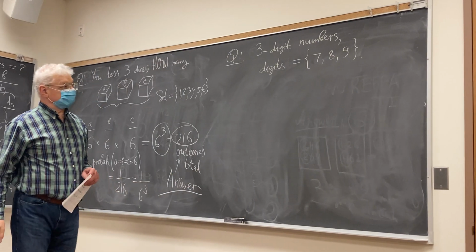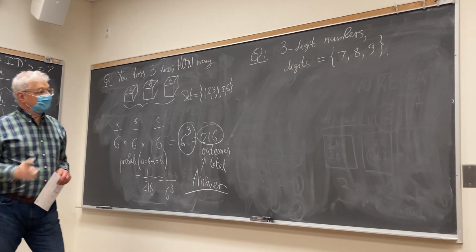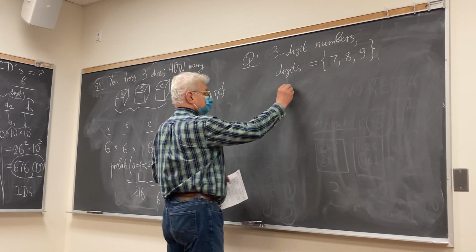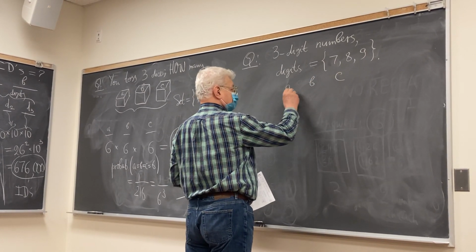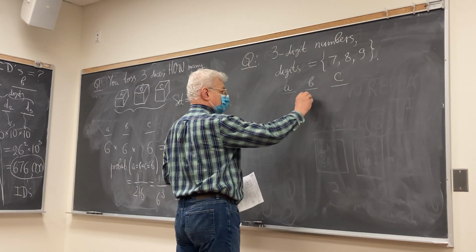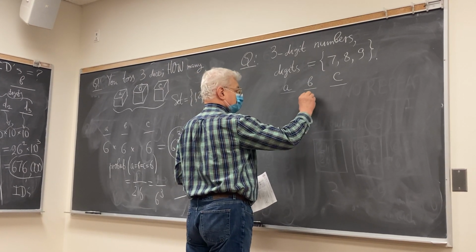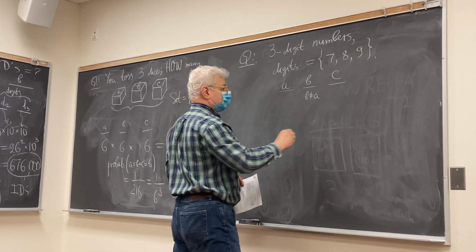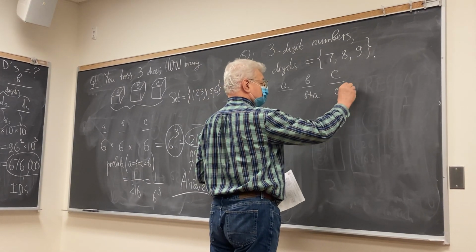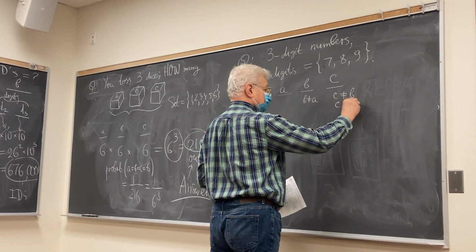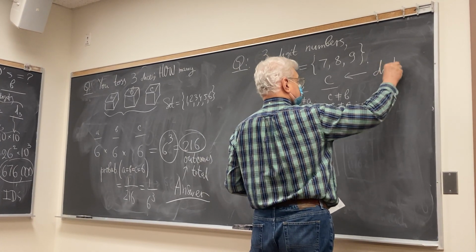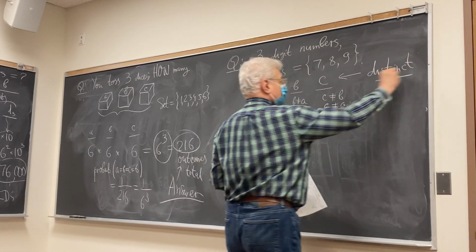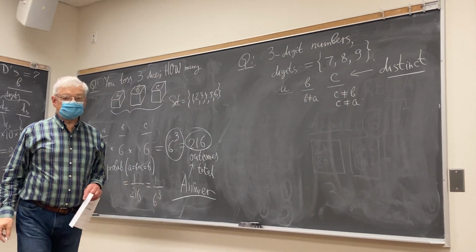Another important thing, now I have a restriction. So we have a 3-digit number A, B, C. B is not A, and C is not B, and C is not A. So all the 3 digits are different. It's better to say distinct. Okay, all A, B, C are distinct.